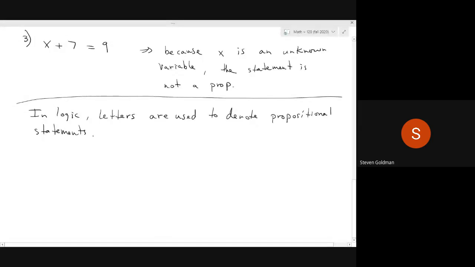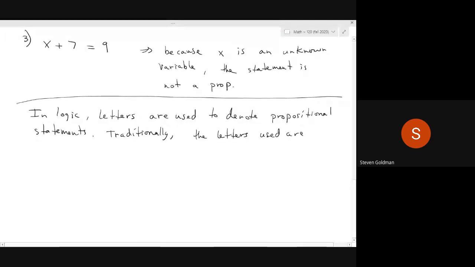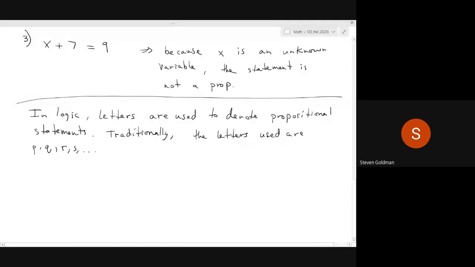Traditionally, the letters we use are P, Q, R, S, etc., though you could really use any letter you like.